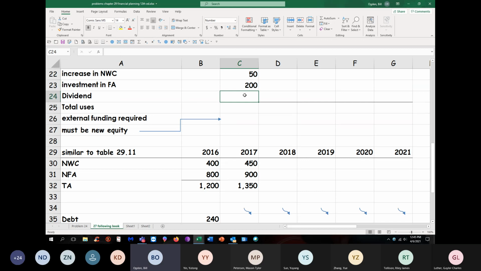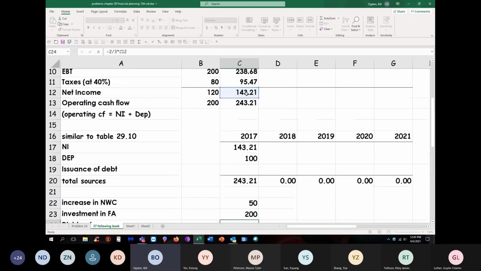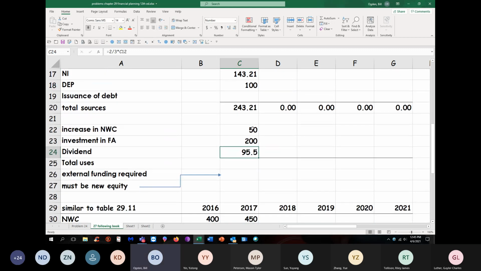Okay, a dividend. Okay, we know we're going to be paying out 2/3, I'm just following the story, times net income. Right. So I have uses, projected uses of 345.47. I have so far sources, not including debt, equal to 243, and we'll just see what happens here. So I'm short 102.26.